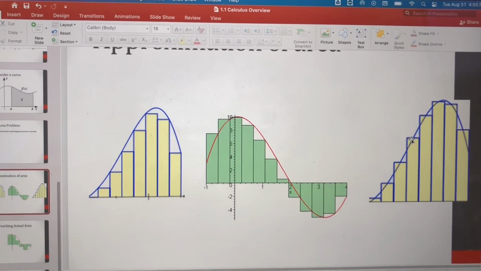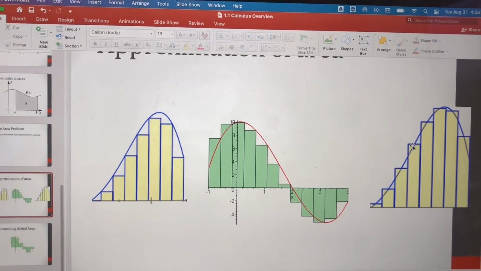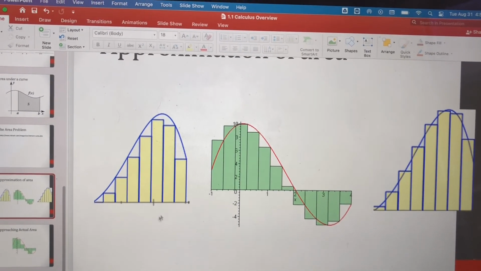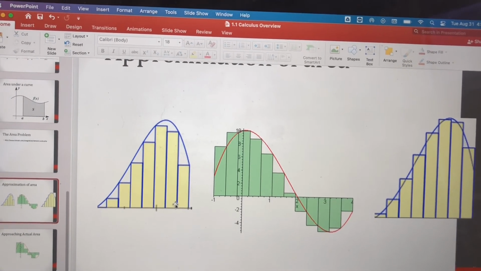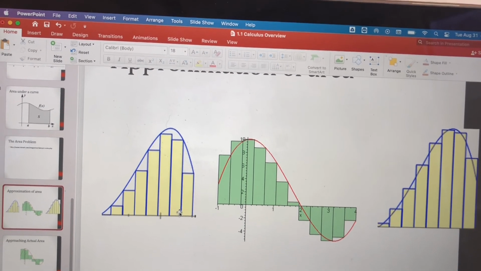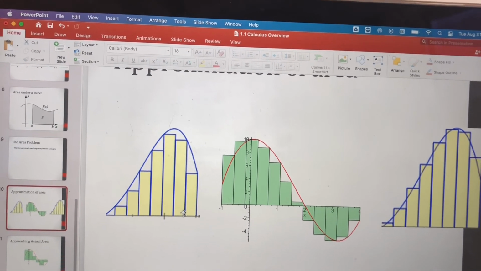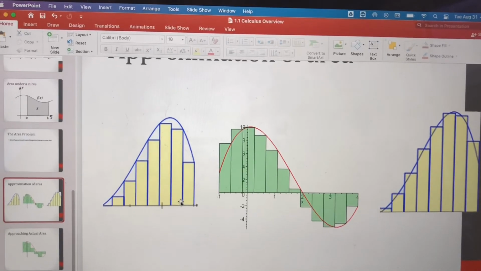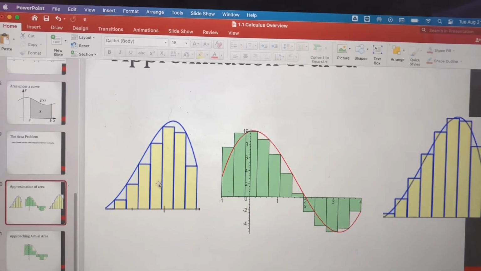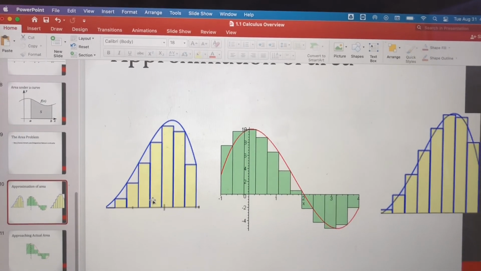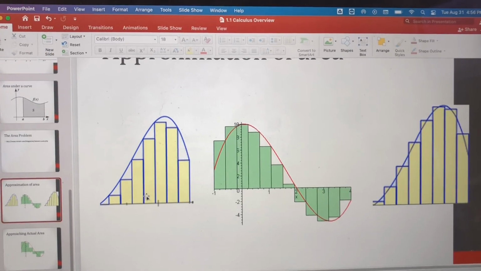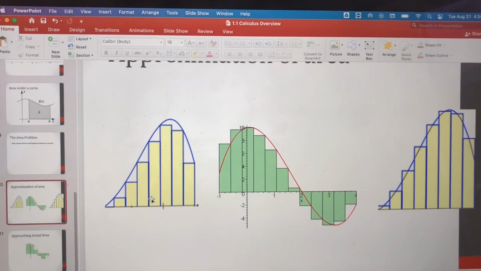So how can I get the area exactly? Okay, I want you to think about a couple of things. I want to think about how many rectangles I would need to get the exact area. Infinity! What? Okay. Wow.